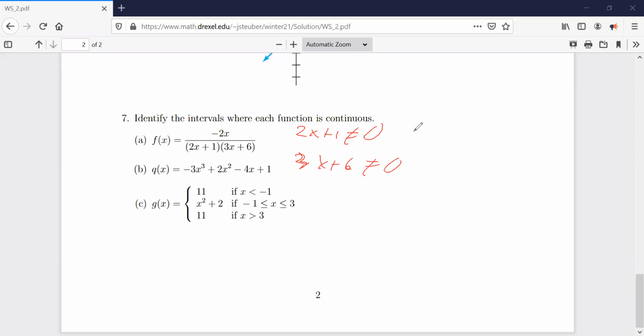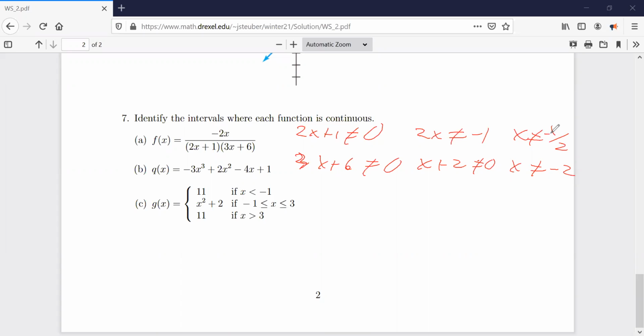So then I would have 2x is not allowed to be equal to -1, right? And x is not allowed to be equal to 1/2. And then this guy, I'm just going to divide everything through by 3 at first, and that's going to give me x plus 2 is not equal to 0, and then x is not equal to -2.